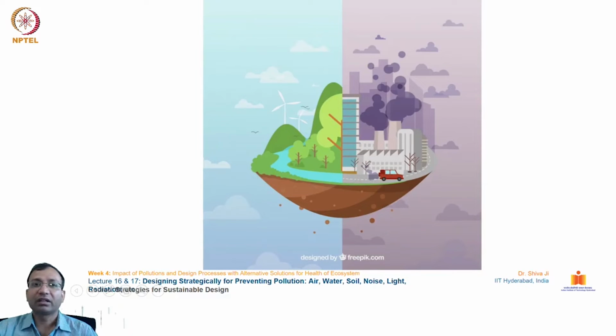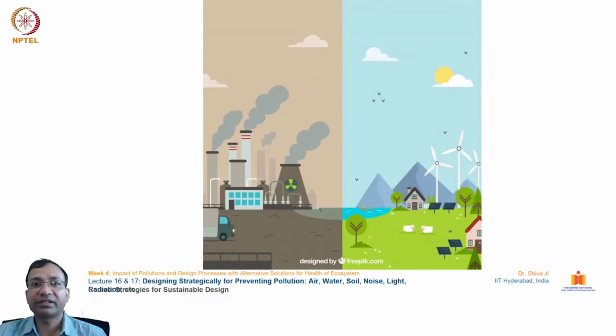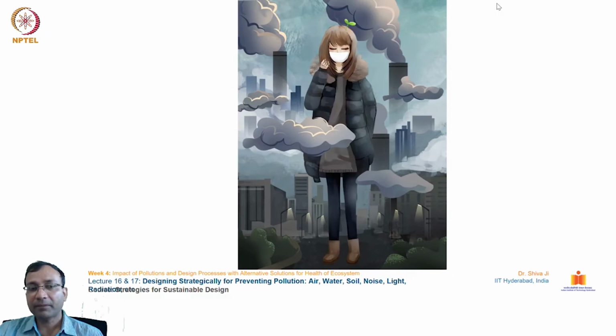It's a graphic illustration of how we should strive for a balanced, ecosystem-based design. It shows how the features and technologies of the industrial world which were very harmful, for example radioactive materials or heavy discharging electrical and manufacturing units, can be replaced with renewable resource generation, with more efficient and greener solutions using the latest technology, and how we can strive for bringing Earth back to a normal state.